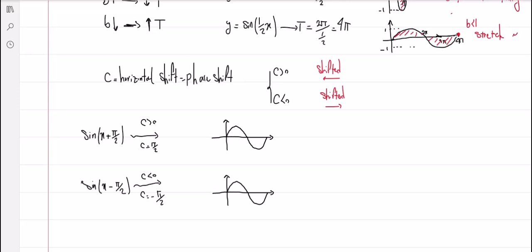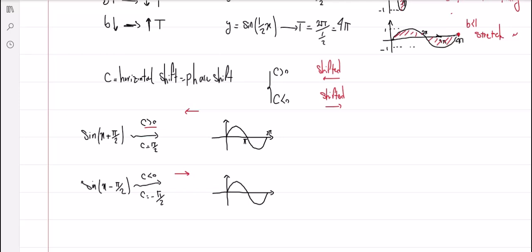Now, as we mentioned before, if c is a positive number, the function is going to be shifted to the left side. And if c is a negative value, the function is going to be shifted to the right side. So we're going to shift this function. I'm going to name the values here, which are pi and 2 pi.